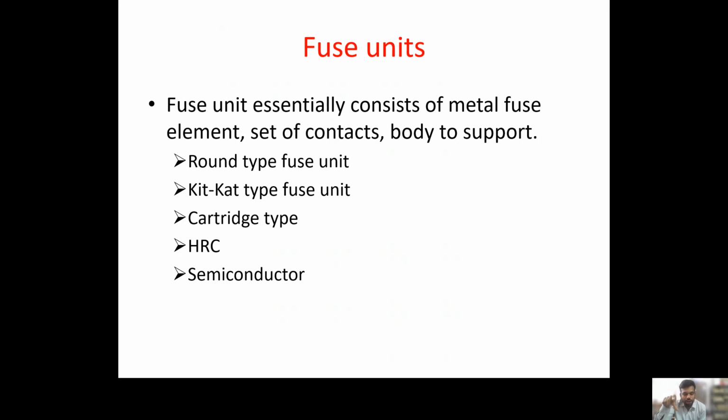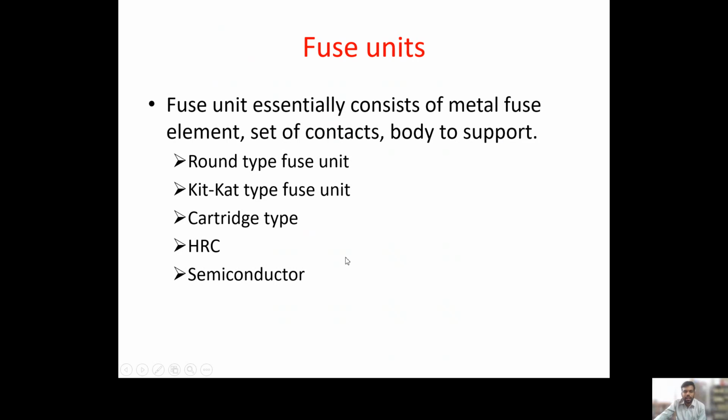This type of fuse is not in common use because it is old-fashioned. In today's planning, we have already removed these kinds of round type fuse units. Two metal pieces are placed in the fuse unit, and between the two metal strips a fuse link, a fuse wire, should be placed.